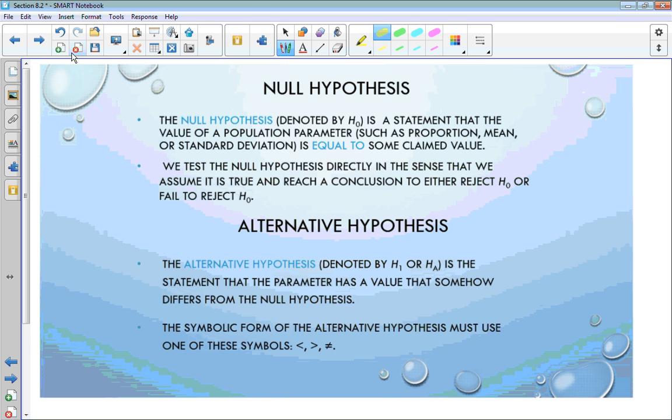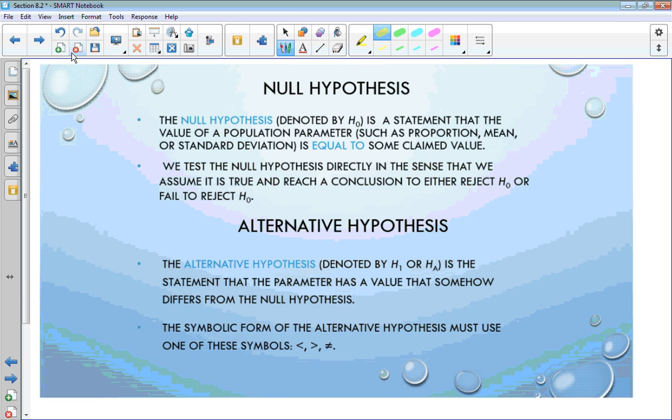That is the key to identifying the null hypothesis. So it could be less than or equal to, greater than or equal to, or just plain equal to, but that's going to be our clue as to which becomes our null hypothesis. Then we test the null hypothesis directly in the sense that we assume that it is true, and then we will either reject the null hypothesis or fail to reject the null hypothesis. Those are your only two outcomes.